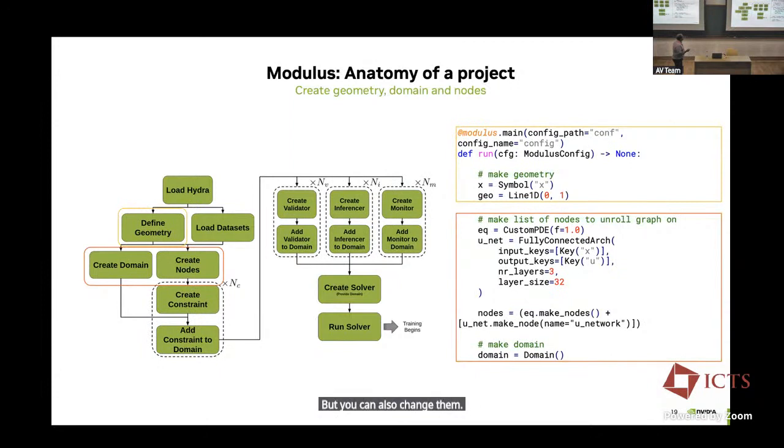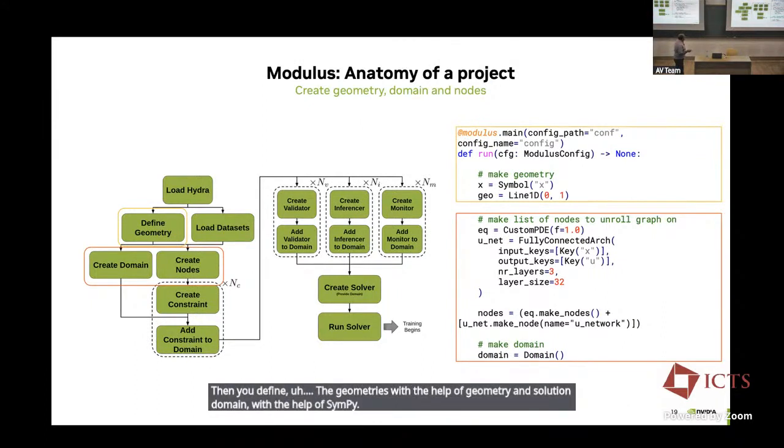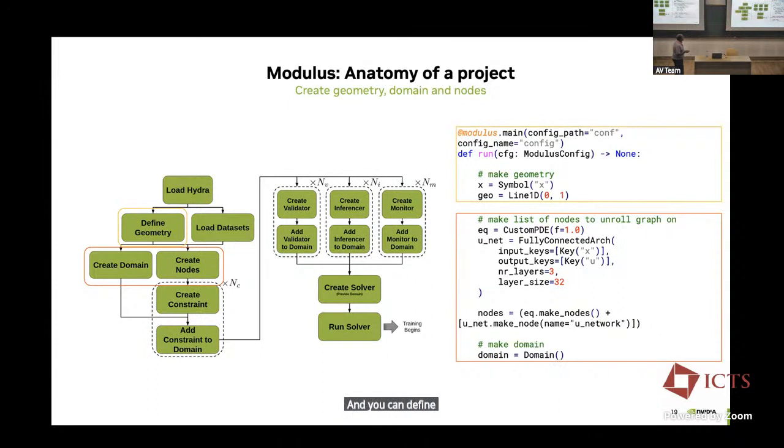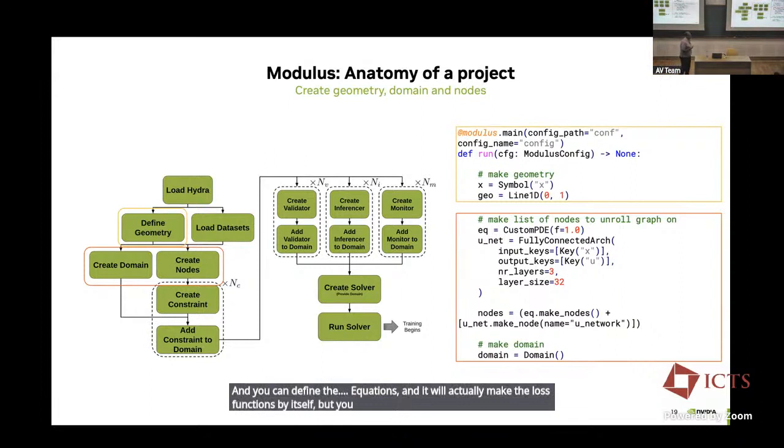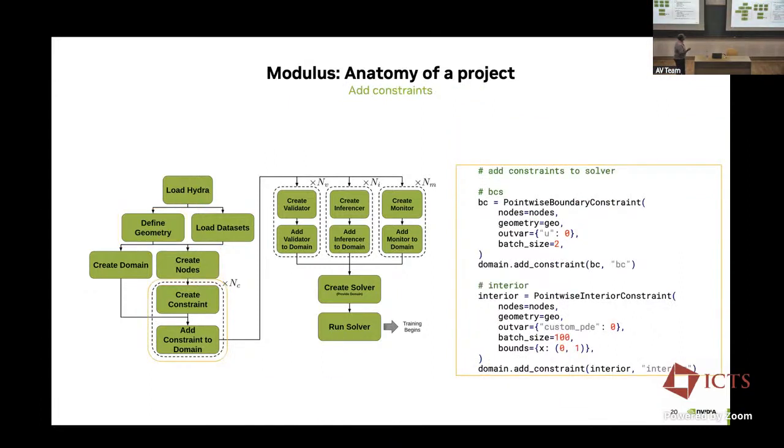Then you define the geometries with the help of geometry and the solution domain with the help of SymPy, and you can define the equations, and it will actually make the loss functions by itself, but you might have to just define the PDEs. And the boundary constraints, you have to put interior constraints also.